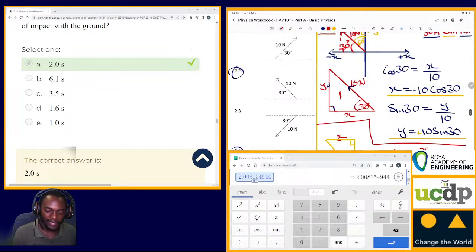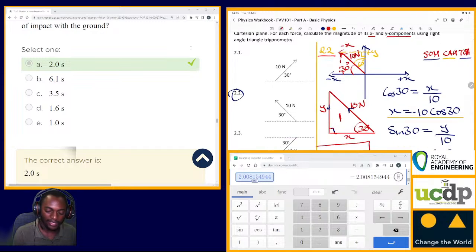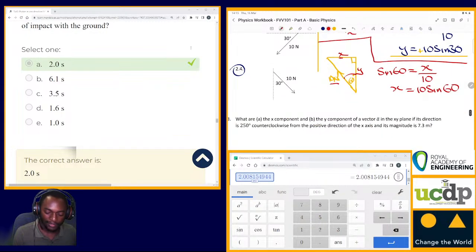And where is x? X is on the negative side of the x-axis. Hence we put negative. Right? We do the same for y. Y is now going to be cos, because we have the adjacent and the hypotenuse.